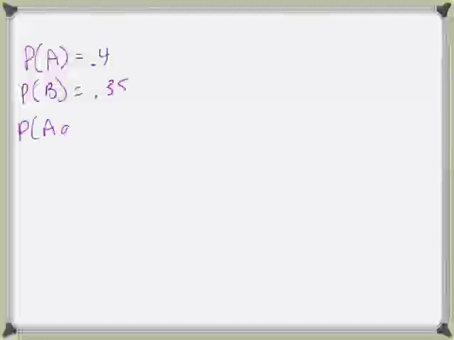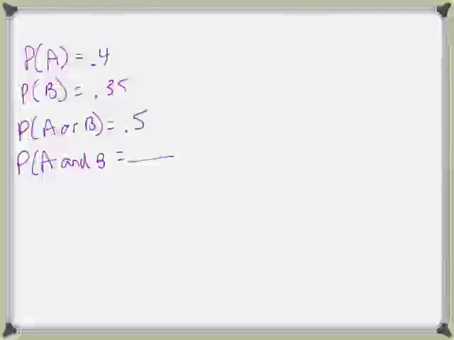So it says, in the problem that I'm choosing, probability of A is 0.4. Probability of B is 0.35. Probability of A or B is 0.5. And the probability of A and B is blank.